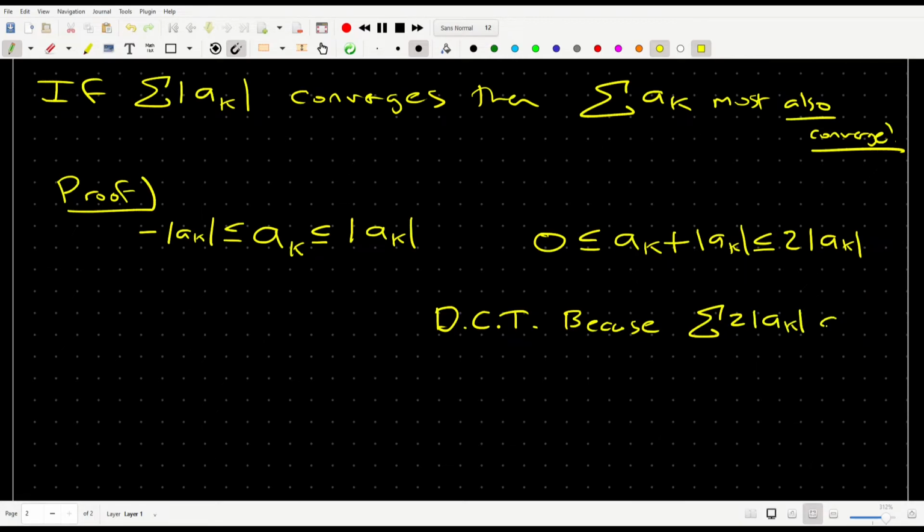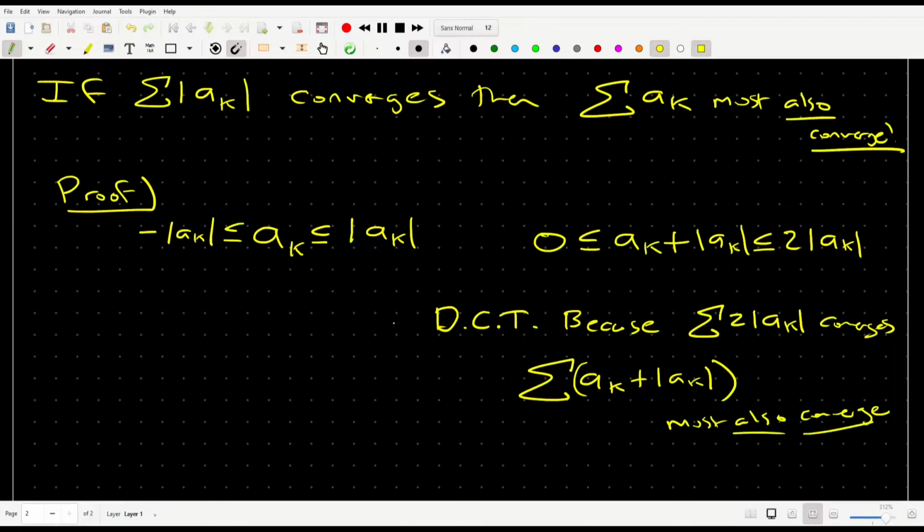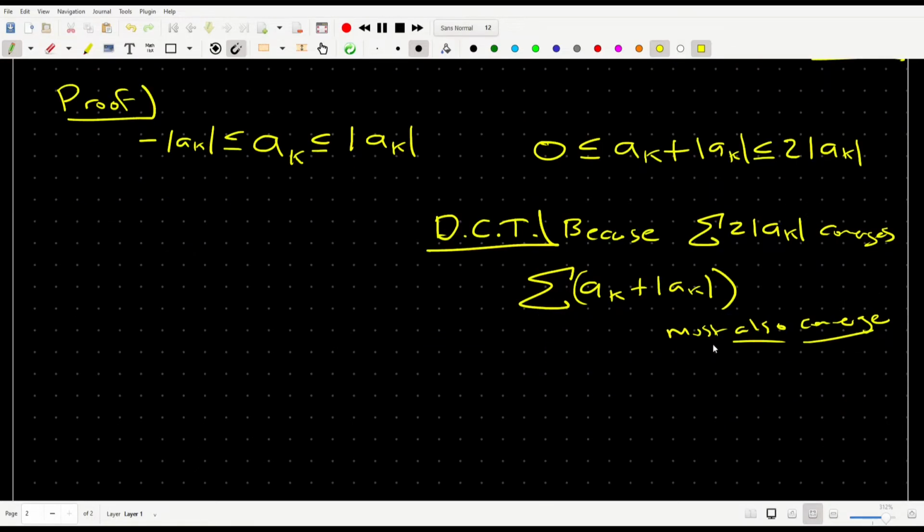So because this converges, the infinite series of a_k plus the absolute value of a_k must also converge by the DCT, and this can then be used to directly show that the sum of the a_k itself must converge. Now, we don't necessarily know the value this converges to, but we do know that this is going to be true, and the details can be found in the book.